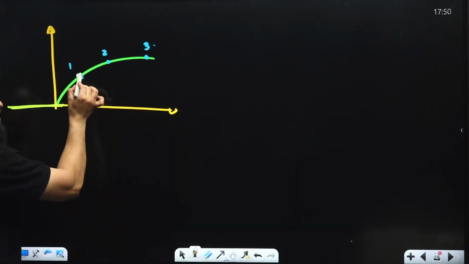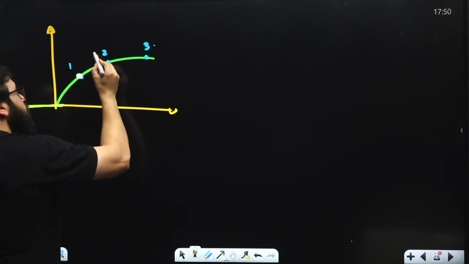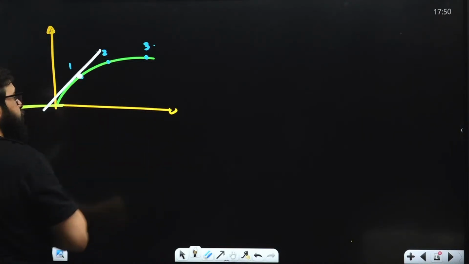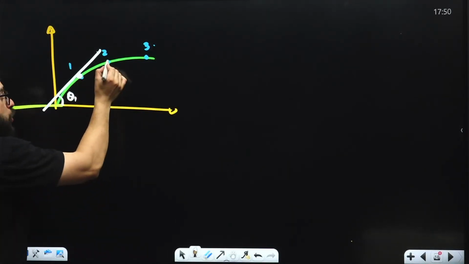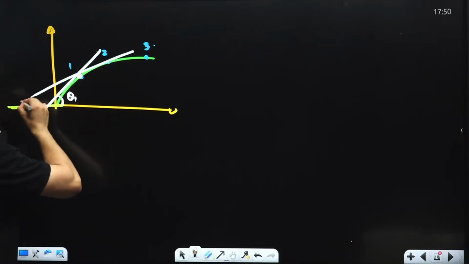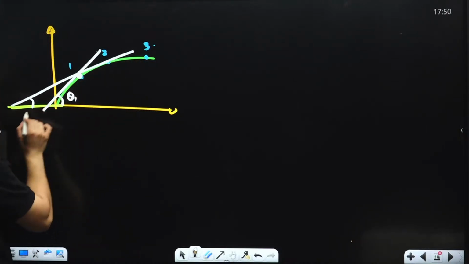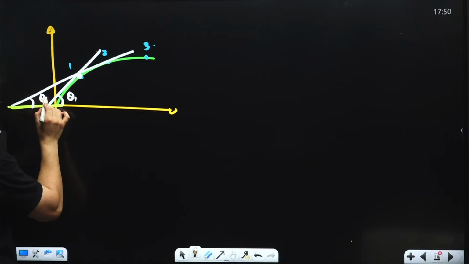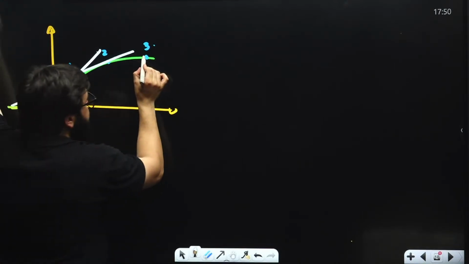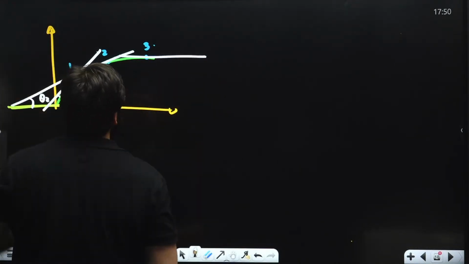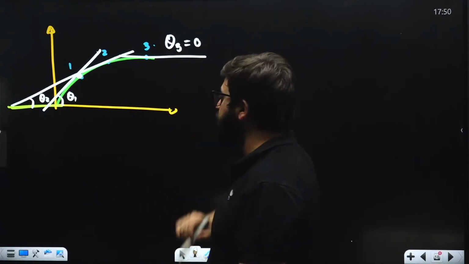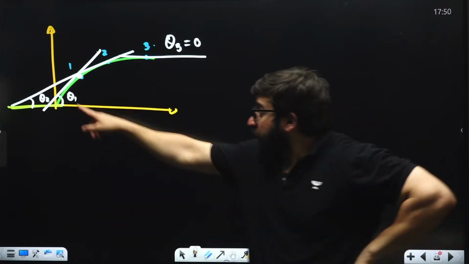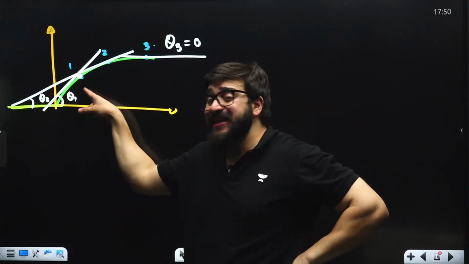Guys, see. If you have to find the slope at point 1, what will you do? You will draw a tangent over here and check how much angle it is making. Let's suppose it is θ1. Then you draw the tangent at point 2, and say it is making θ2. Then you draw a tangent at point 3, so θ3 is 0 degrees. Now tell me, is θ2 greater than θ1?